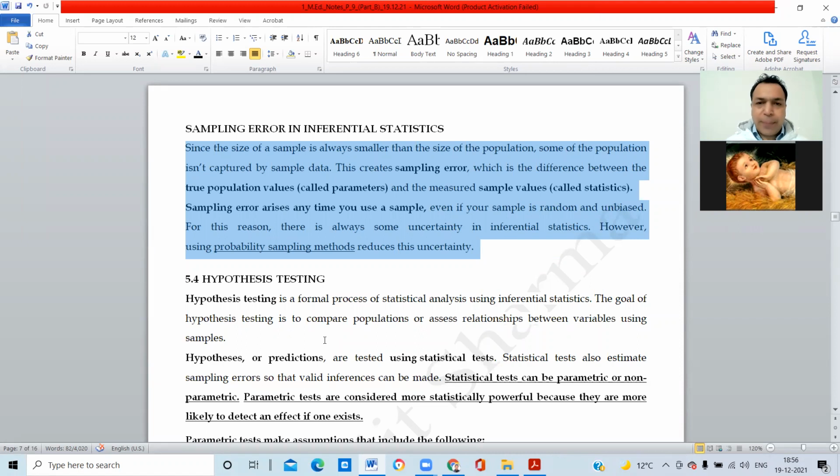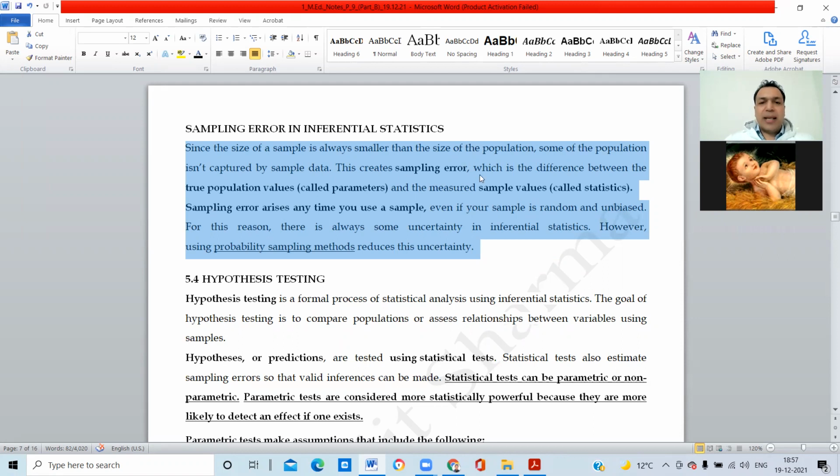Take the example which I discussed when I started the lecture. You want to check the computer knowledge of 7th class students of convent schools across the country, right? But you don't collect the data of the population, you collect the data of a sample. So the sample is always small. Some of the population is not captured by the sample data.